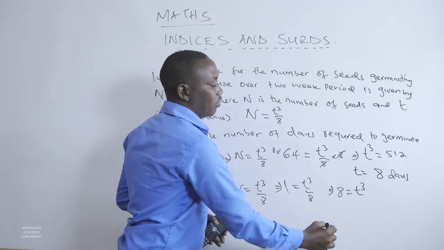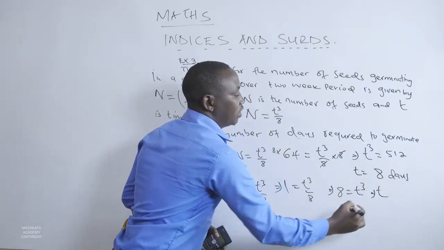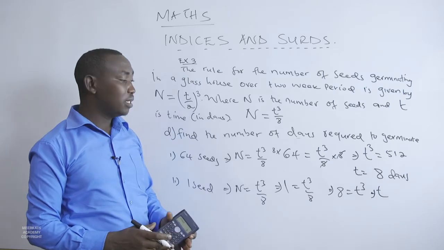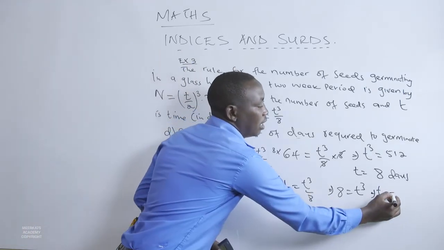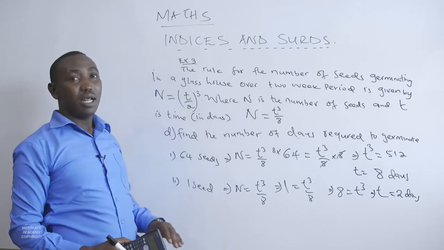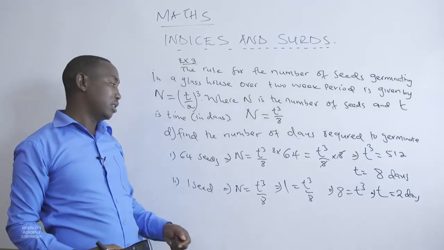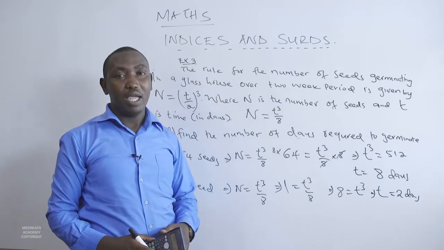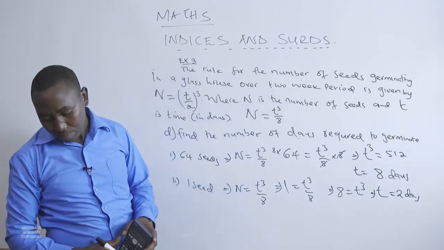To get the value of t, you get the cube root of both sides, and the cube root of 8 is 2. So to germinate 1 seed, you require 2 days. To germinate 64 seeds, you require 8 days.